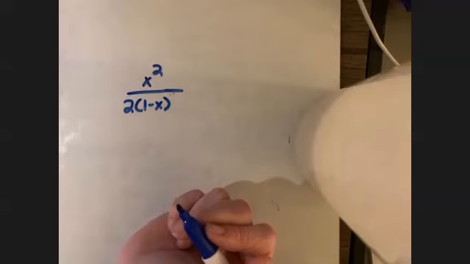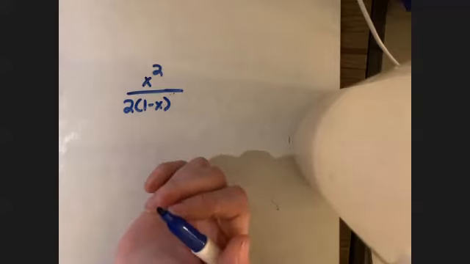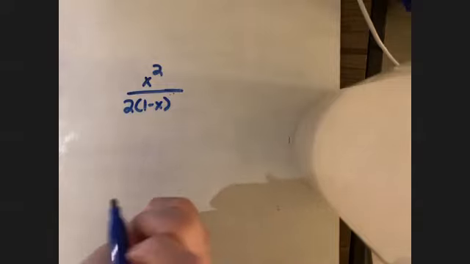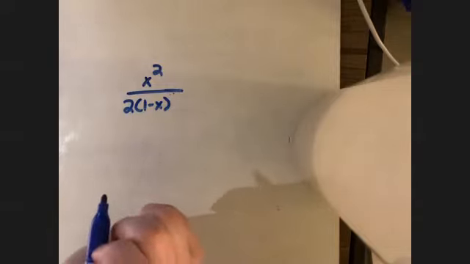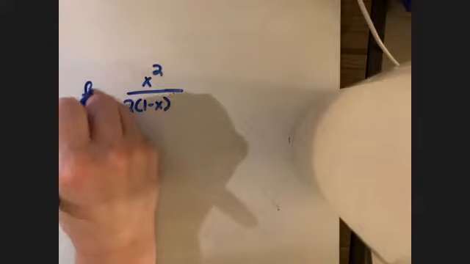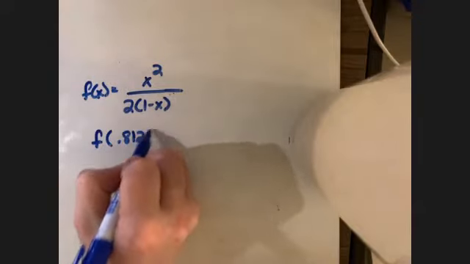So the difference here would be rush hour traffic, getting-to-work traffic, versus something like 2 o'clock in the afternoon or 9:30 in the morning, when there's not going to be as much traffic out on the road. So they ask us to find, and again, this was f of x, 0.8125.